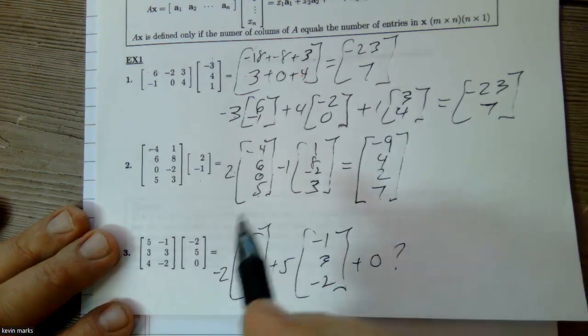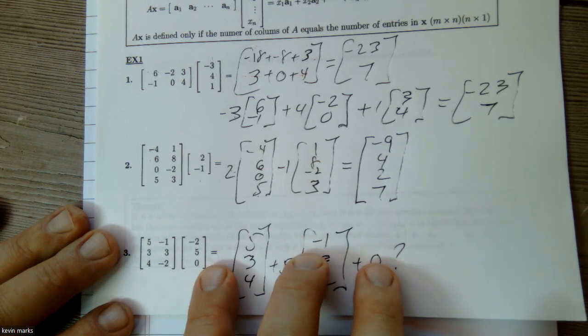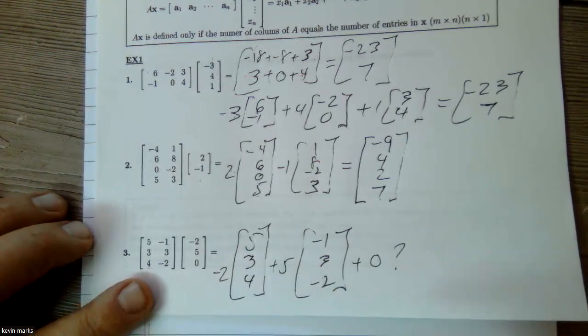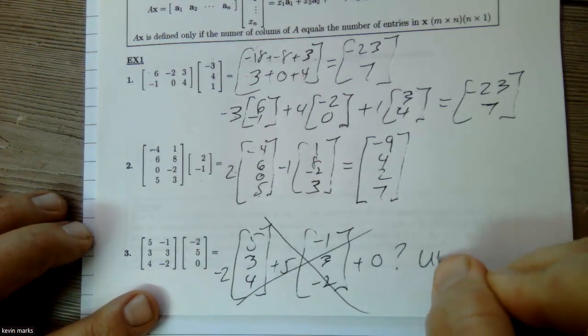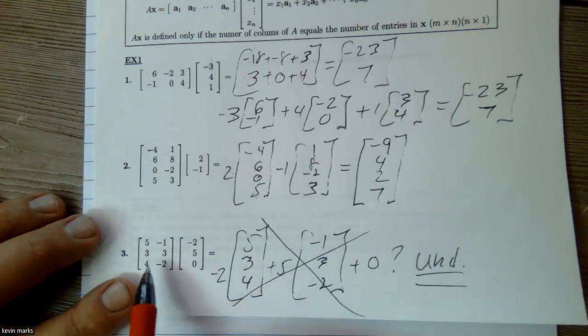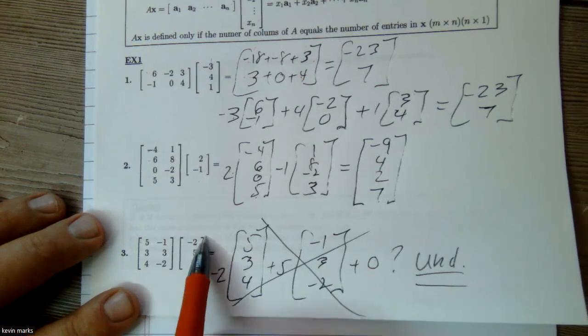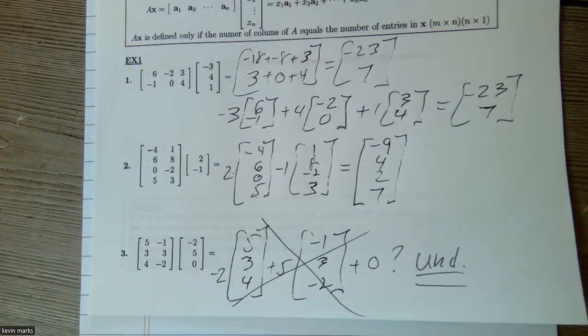Who is the 0 going with? If you've got 3 entries here, then you have 3 different scalars. We don't have 3 columns here, so this is basically gibberish. This would be undefined. Okay. But again, you can also see it from this not agreeing with this, right? There's only 2 here, but there's 3 here. Okay.